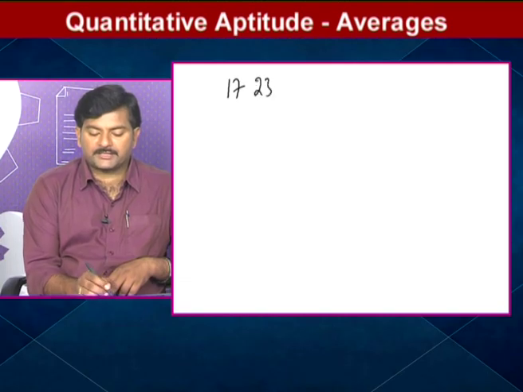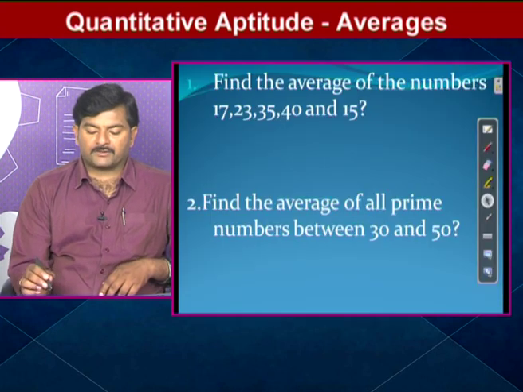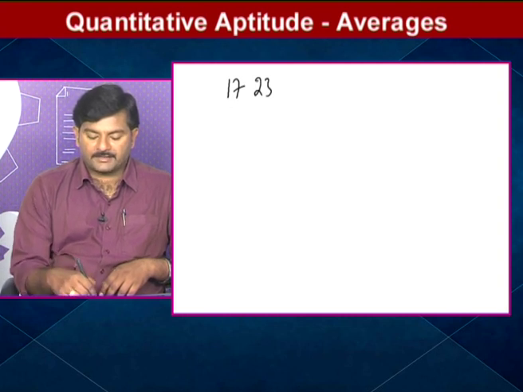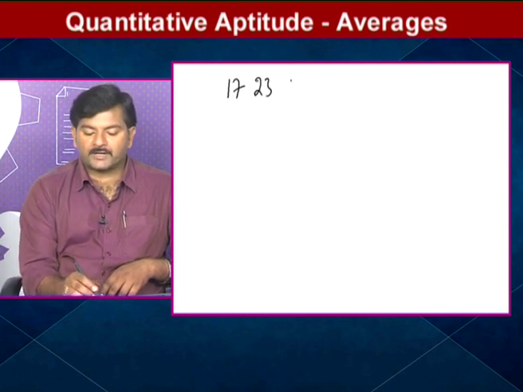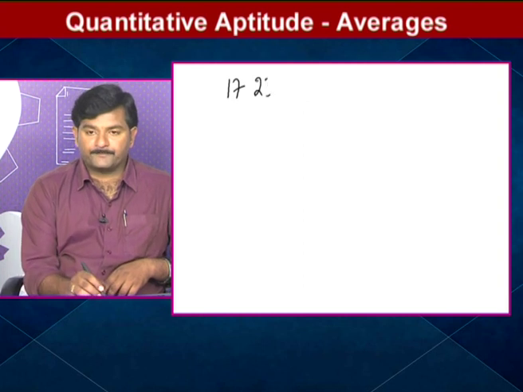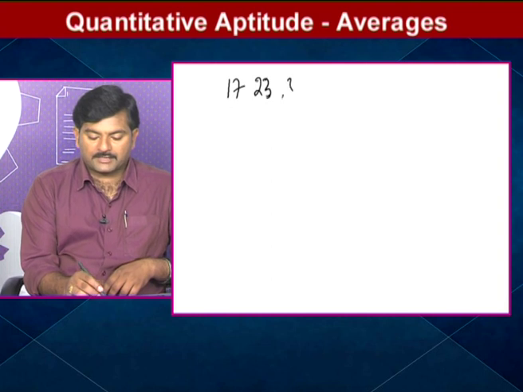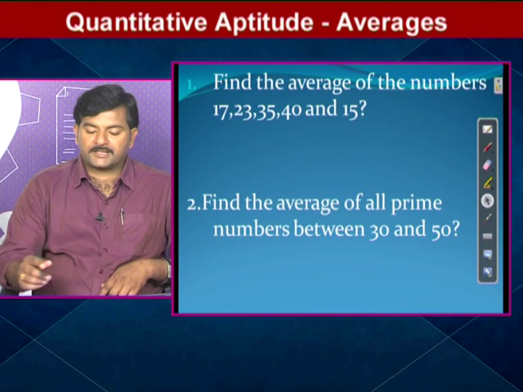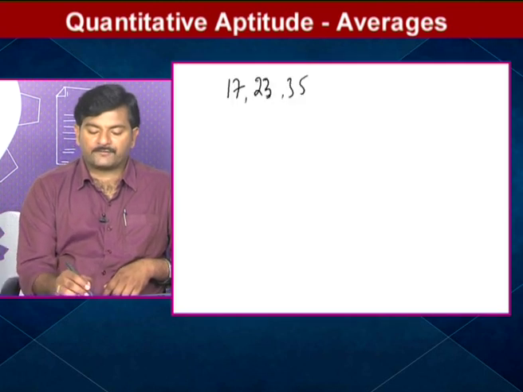So what are the numbers given? The given numbers are 17, 23, 35, 40 and 15.